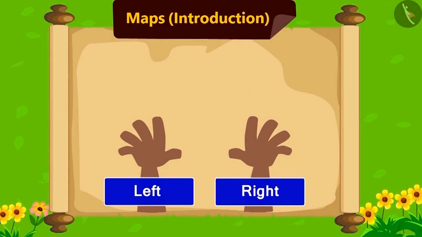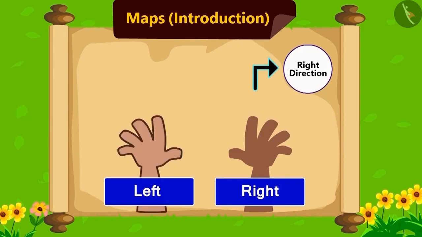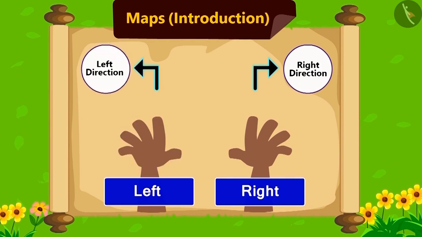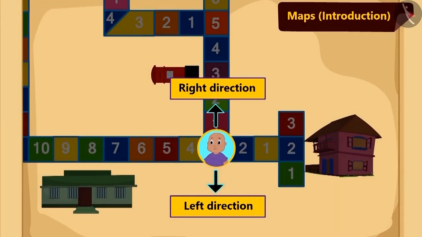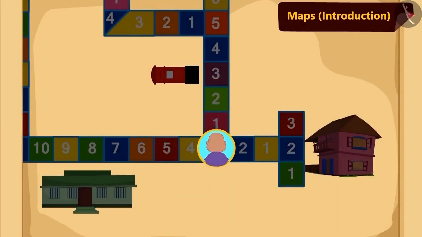The direction which is towards your right hand is the right direction, and the direction to your left hand is the left direction. Isn't it easy? Now Bablu also understood right and left and turned towards right.